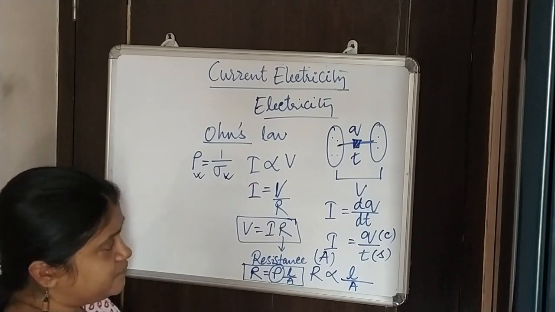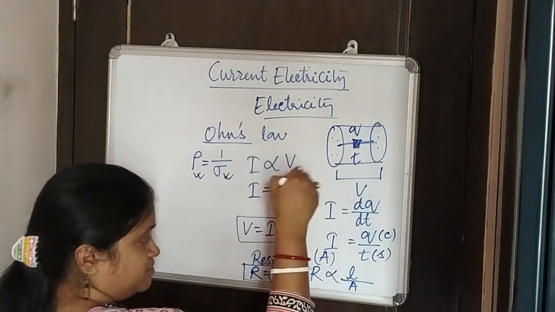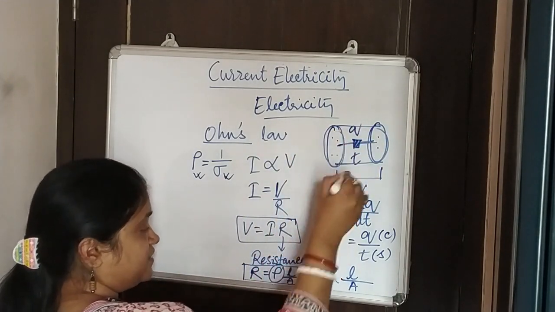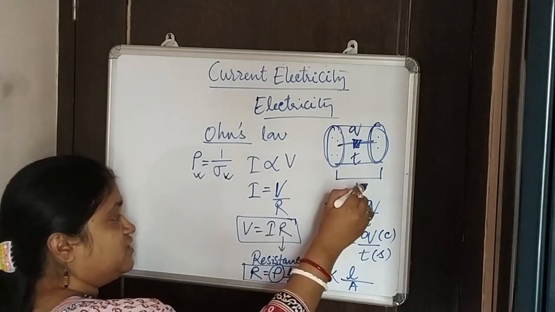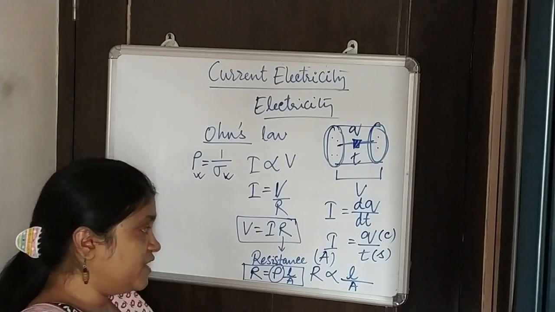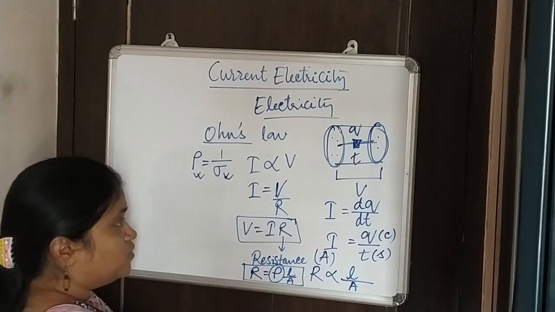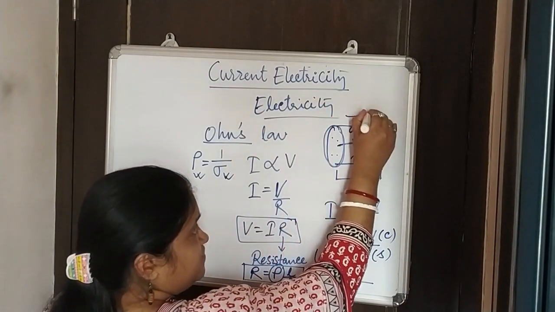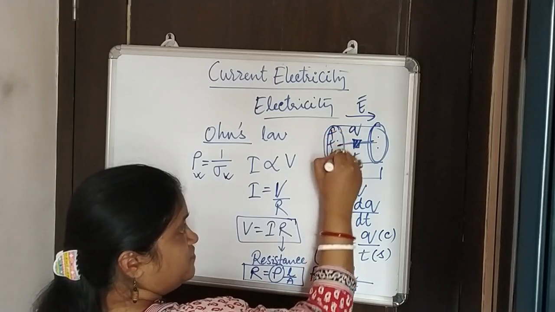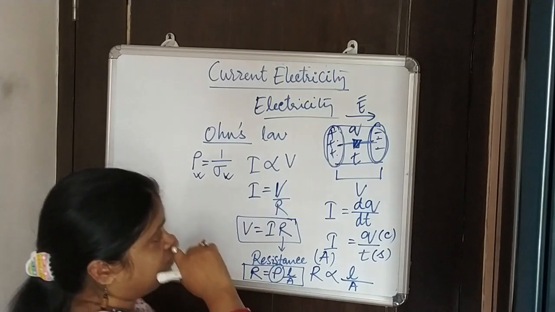Let's suppose there is a particular wire which is connected, with a potential difference V, current I, and R the resistance of this wire. Now suppose an electric field is applied, directed from higher potential to lower potential.